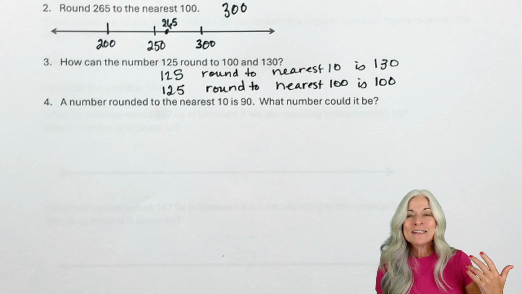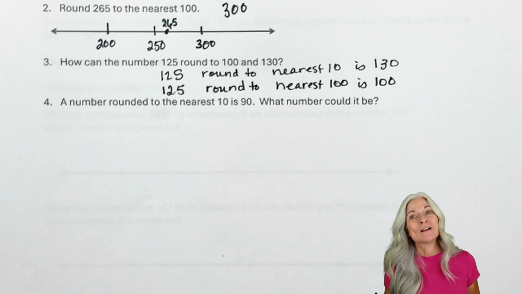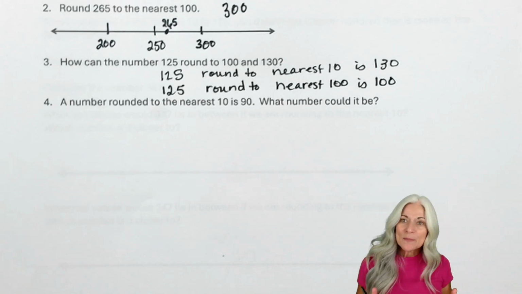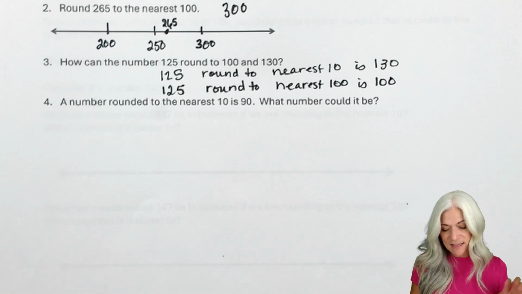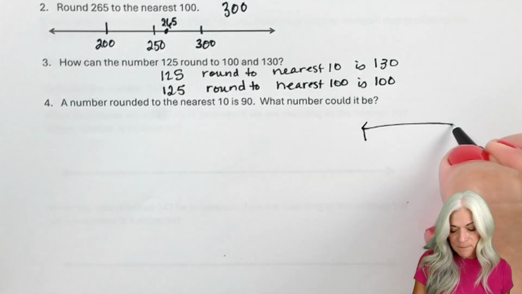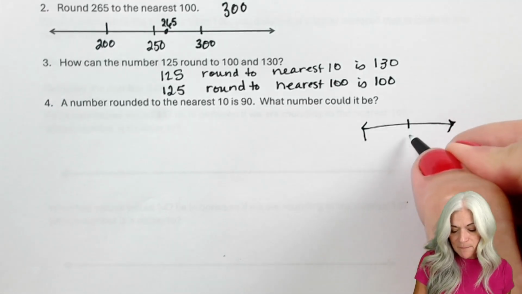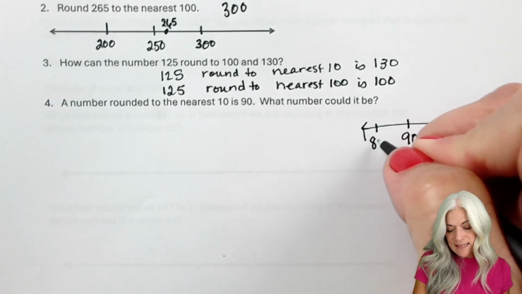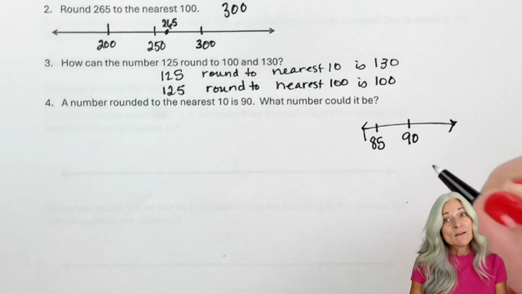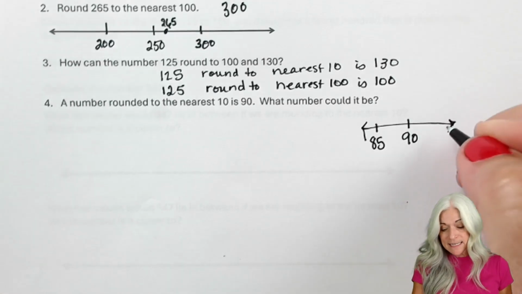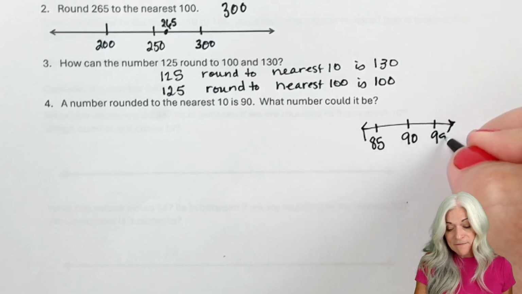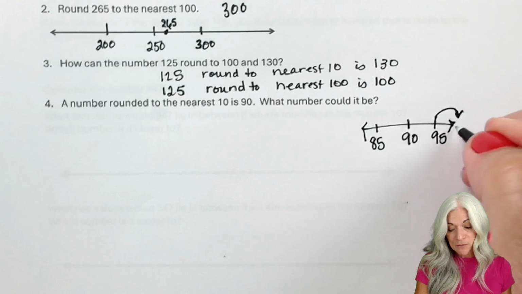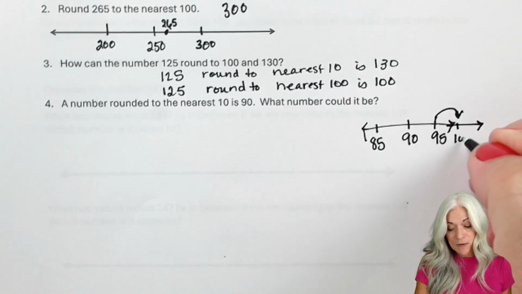Finally, a number rounded to the nearest 10 is 90. What could it be? I go much more in depth with this in the student video, so always check that out if you want to go a little more in depth with me. If we think about the number 90, I know that anything 85 to 90 would round to 90. And anything 95 or over is going to round up to 100.